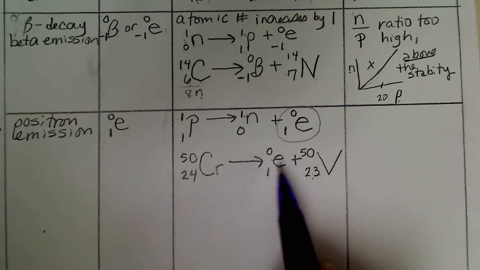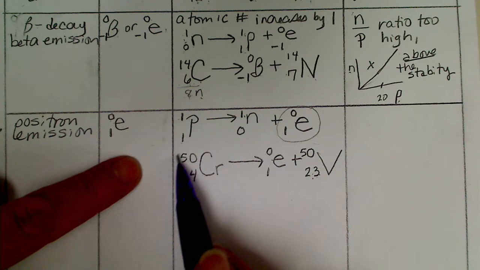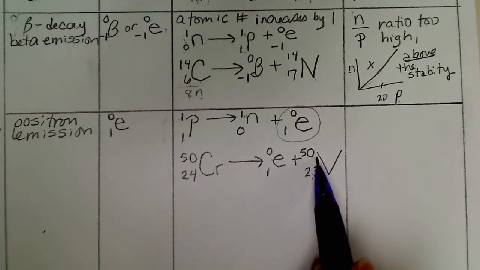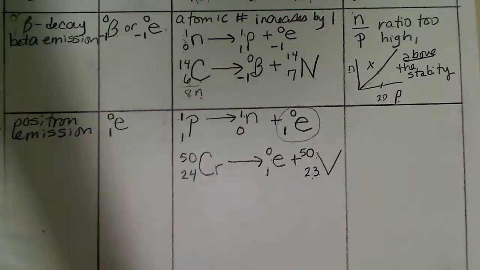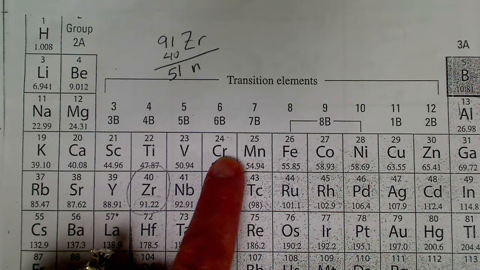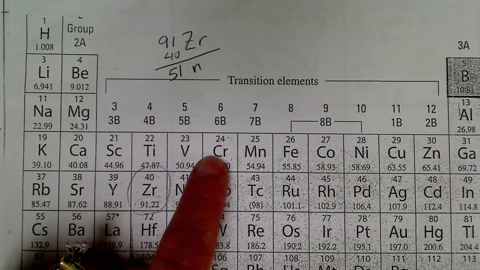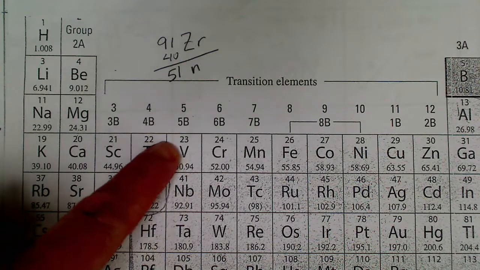Since a positron has no mass, and the masses across the top have to add up, just as the charges across the bottom have to add up, you would see that a nucleus of chromium would turn into the nucleus of vanadium, because vanadium is atom number 23.